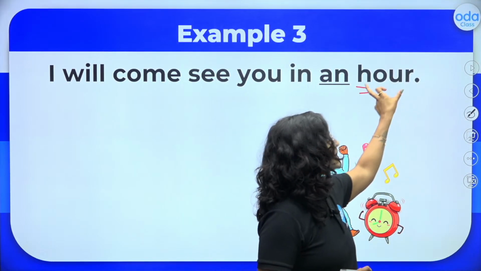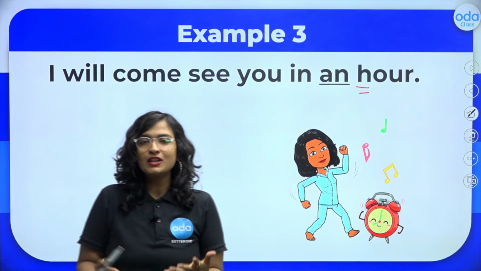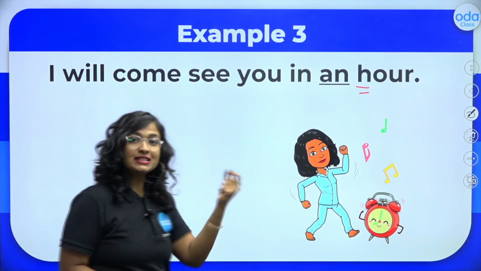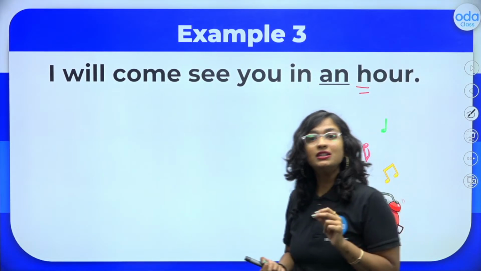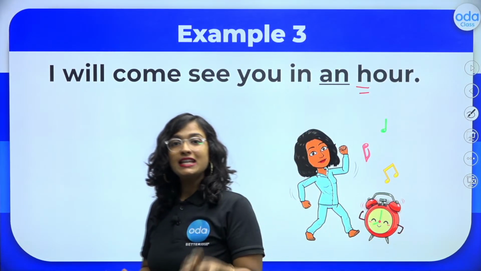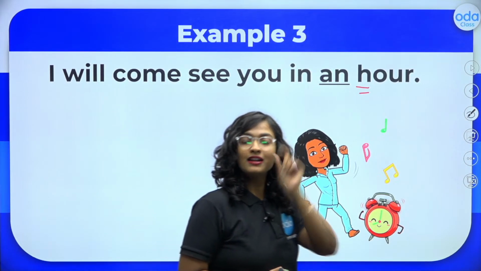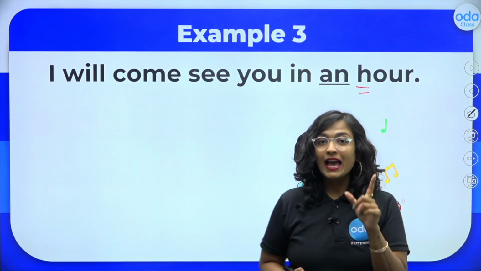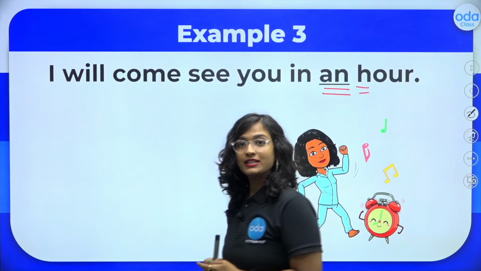So when we say this word hour, right, when we read it out loud, when we speak it, what happens? The first sound is not the sound of the letter H, which is h. The first sound is ow. It's ow, right? The first sound is ow, which is a vowel sound, and that is what tells us that we need to use our article an here.